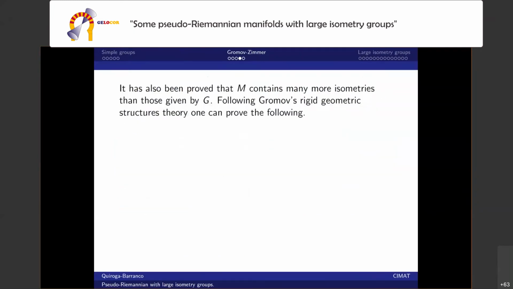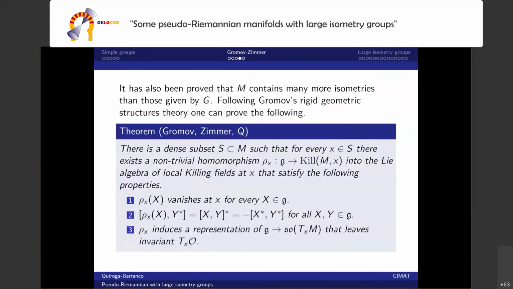Another property, which follows from the theory of rigid geometric structures due to Gromov, is saying that besides the action of G, there are lots of extra isometries. For every point in a dense subset, there is a non-trivial homomorphism from the Lie algebra of your group into the Lie algebra of local Killing fields, satisfying these properties.